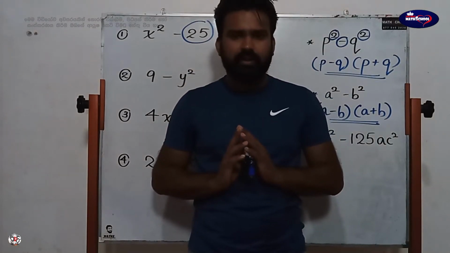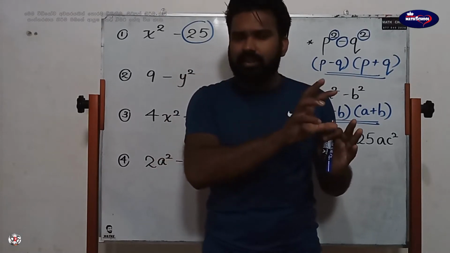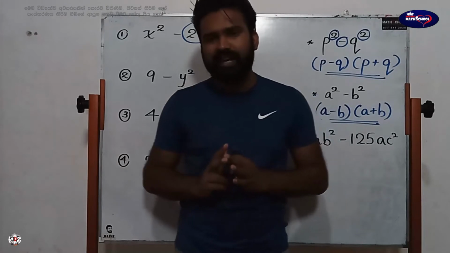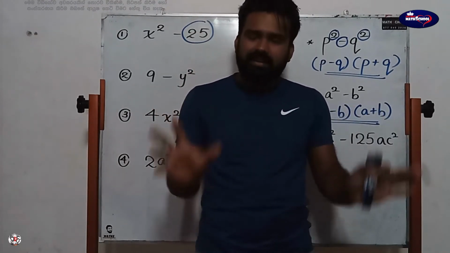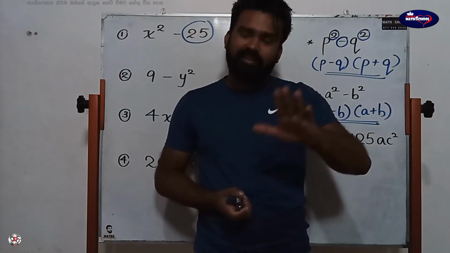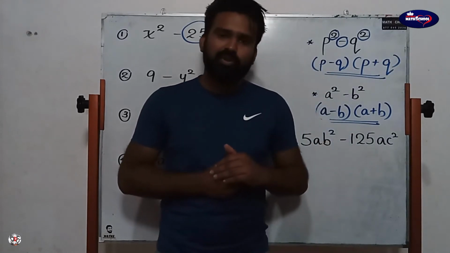And if it is a trinomial expression, if it consists of just 3 terms, you are going to make it as 4 terms and taking 2 by 2, you are going to simplify it. Now we are all capable of doing all those things.